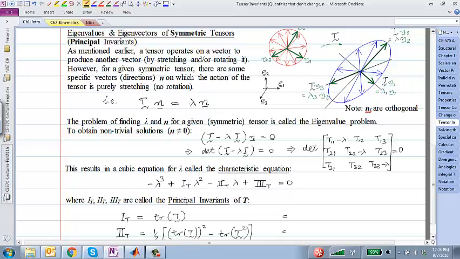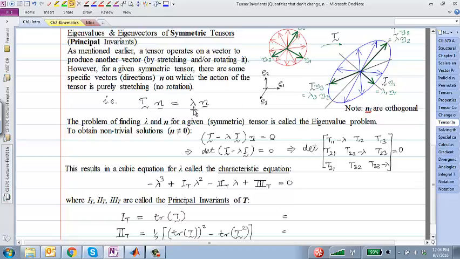So on the left hand side I have a tensor acting on a vector to give me a vector. On the right hand side I have the same vector but scaled by some scalar. That's the definition of a principal direction n. And the associated value, the scalar value by which it's stretched, that's scalar lambda.